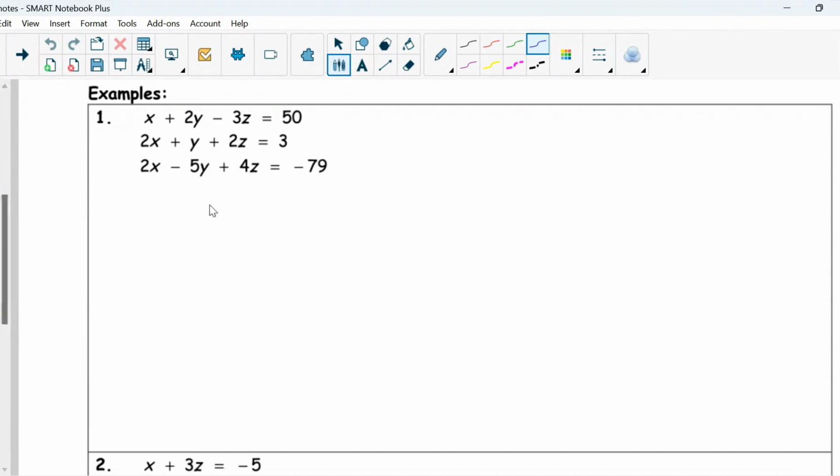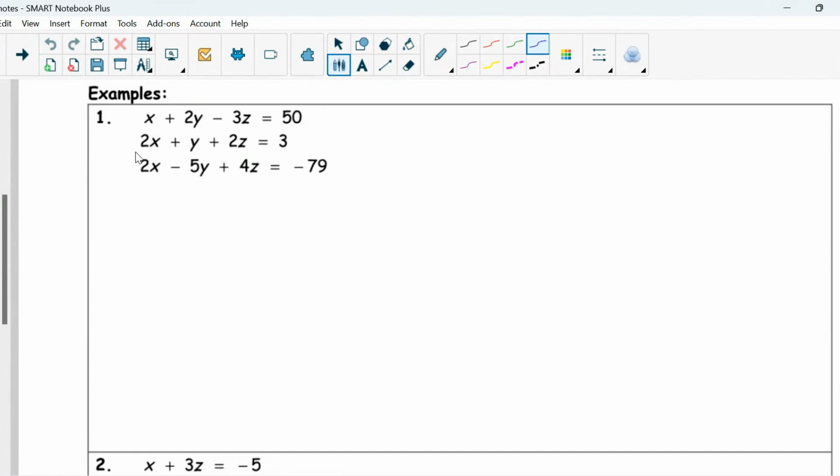Okay, so obviously we have linear systems with three variables here, and we have three separate equations. So we need to first look at how can we eliminate one of these variables, x, y, or z. You can do this for any of them, but for this purpose, let's go ahead and start by just eliminating our x values.